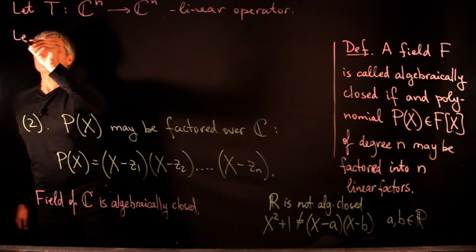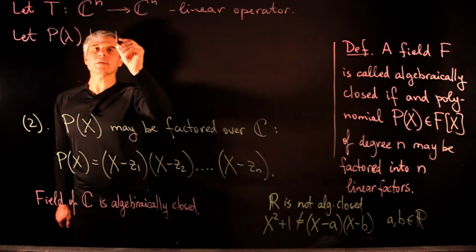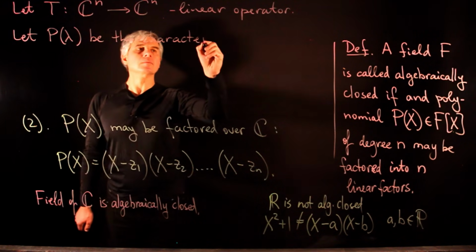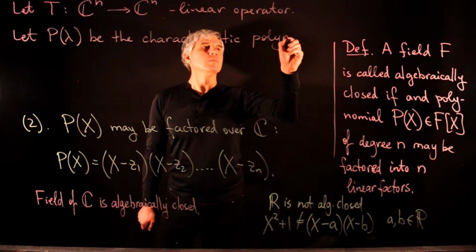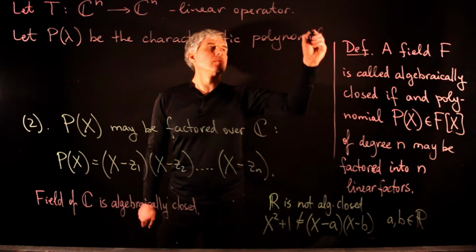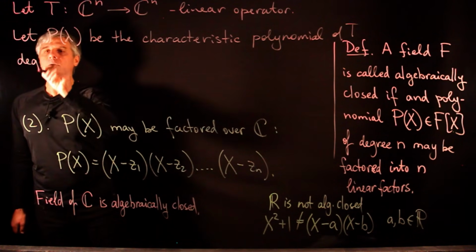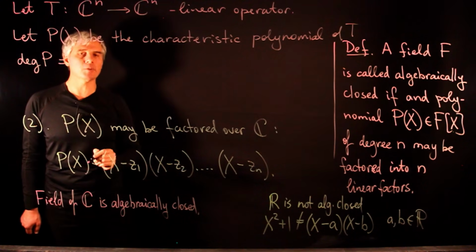And let P of lambda be the characteristic polynomial of T. And we know that degree of this polynomial is equal to n, the dimension of our vector space.